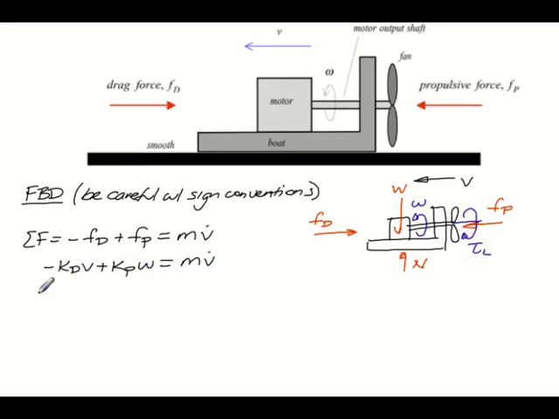We take the Laplace transform of this, and we get minus Kd V plus Kp transform of omega is equal to ms times V. We solve for V of s.